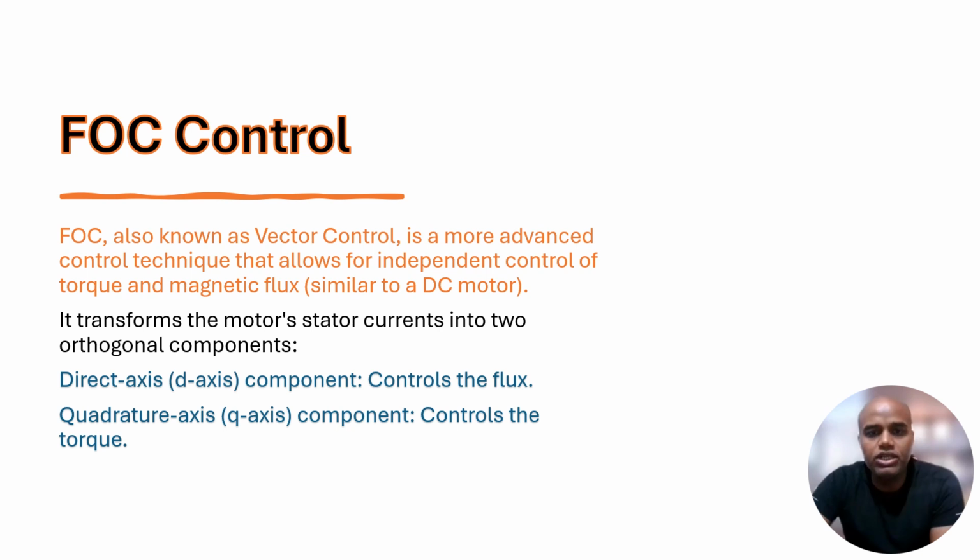Similar to a DC motor, because a separately excited DC motor has two separate circuits, one for the field and the other for the armature. One controls the torque, the other controls the magnetic flux.